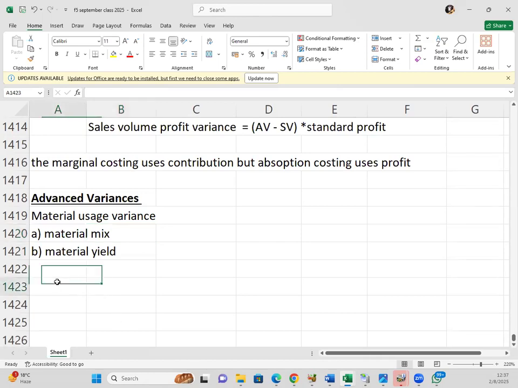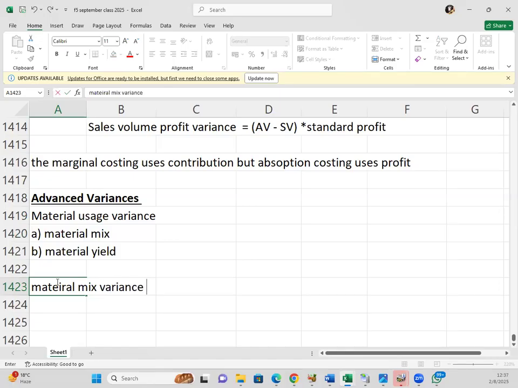What is the material mix variance? For the material mix variance, we are saying the product that we are producing uses different components.